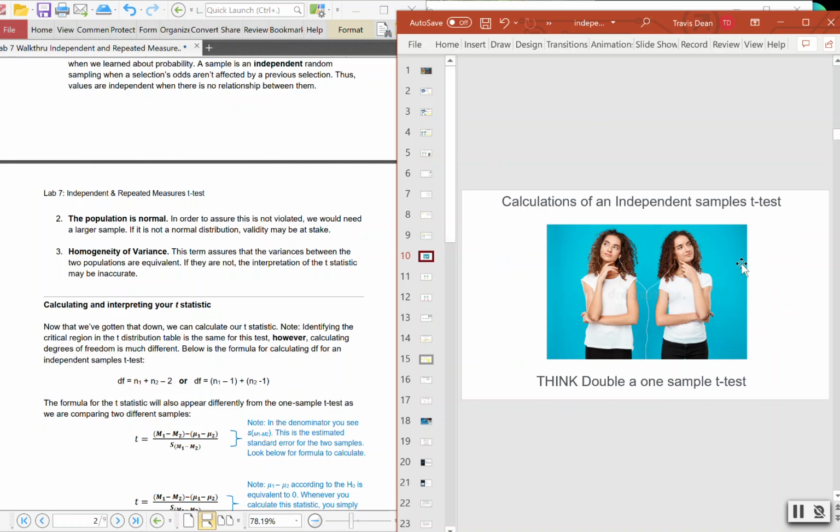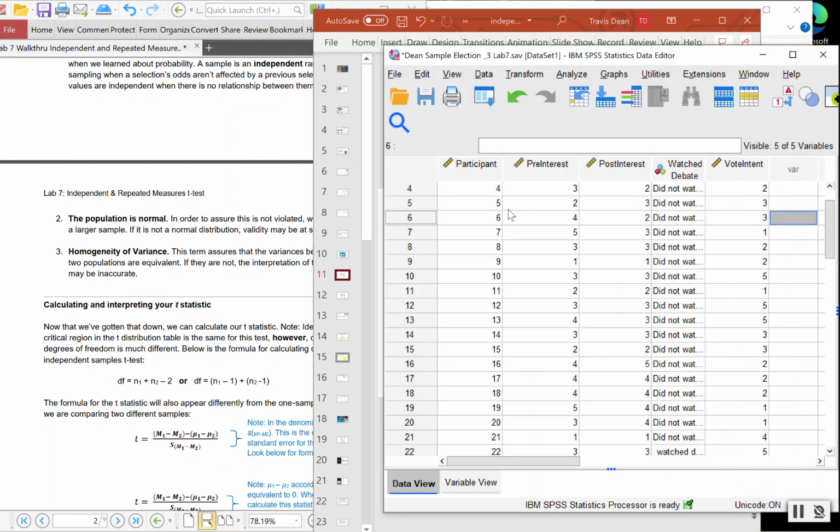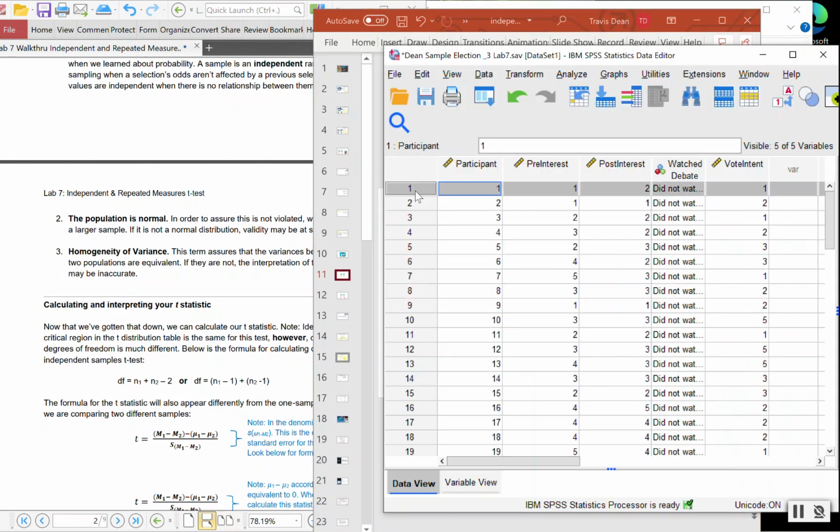As I was saying before, for calculations of independent samples t-tests, just think double of a one sample t-test. In the case of your n, your sample, you're going to have n1 for sample A and n2 for sample B, because we have our data split up into two samples. If I look back at SPSS, my data is going to be different than your data.